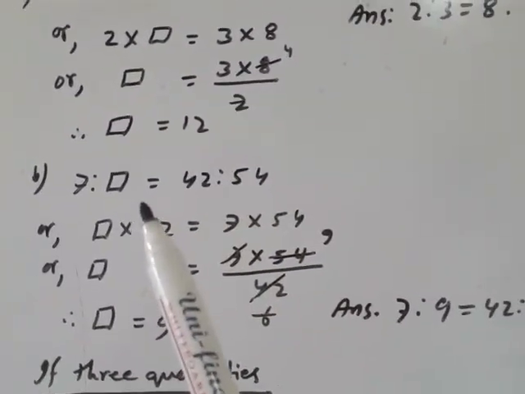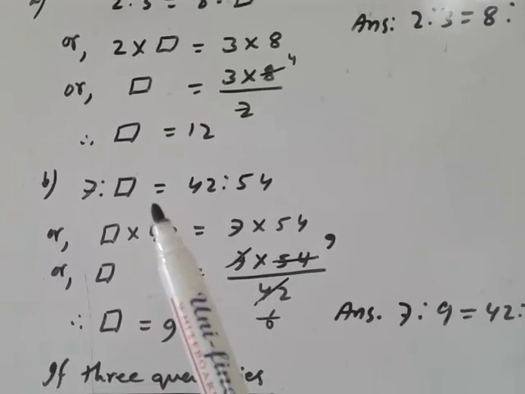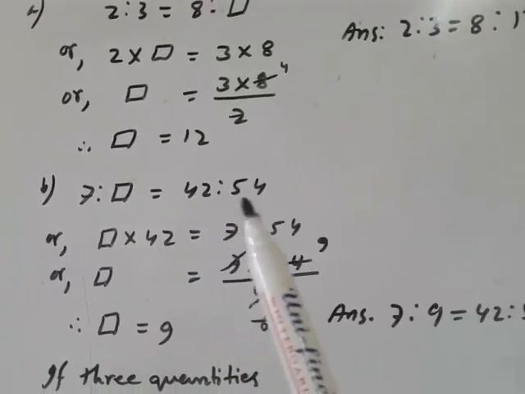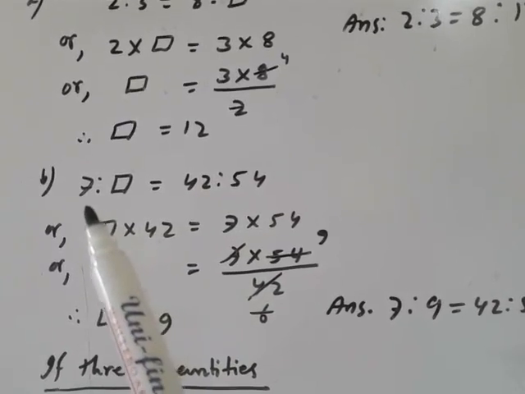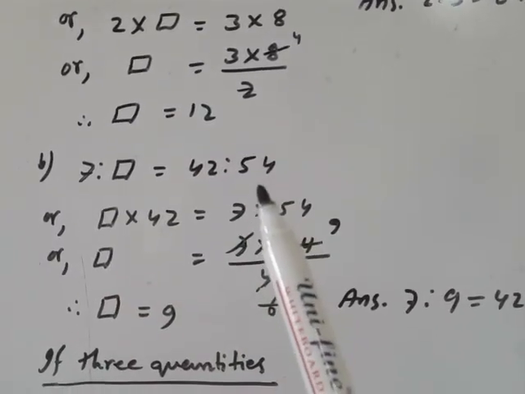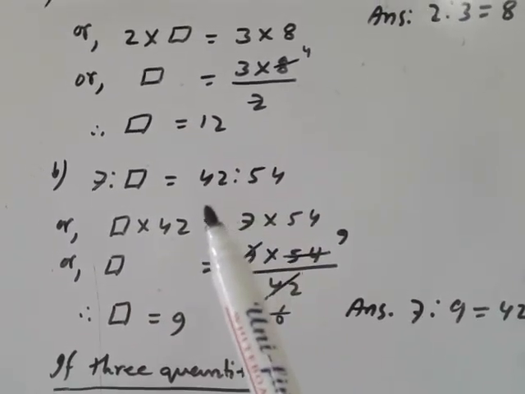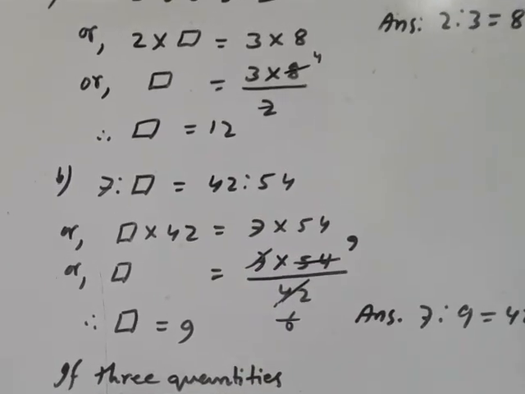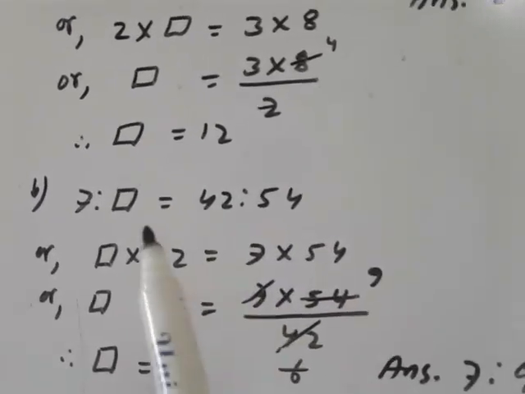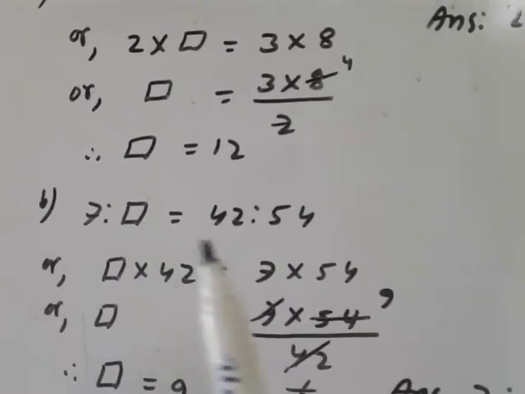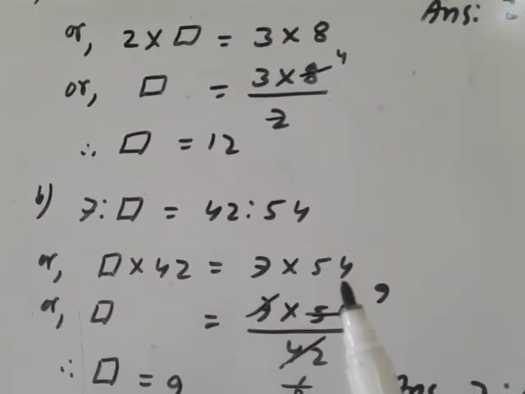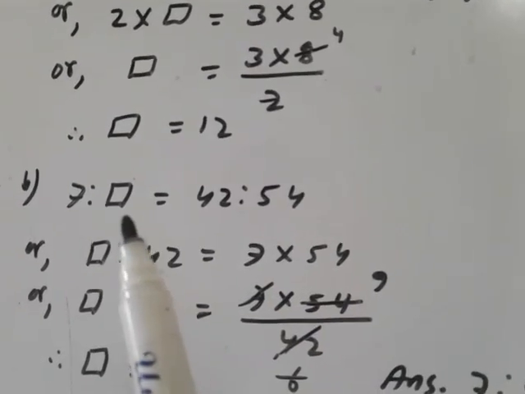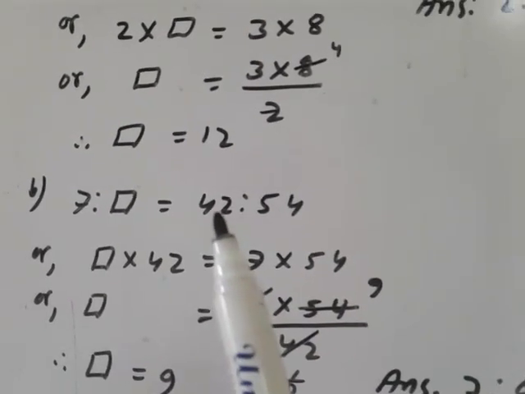See this, 7 is to blank, the second quantity is blank, third quantity 42, fourth quantity 54. First we have to do first quantity multiply fourth quantity. This is first quantity 7 multiply fourth quantity 54, and second quantity multiply third quantity.